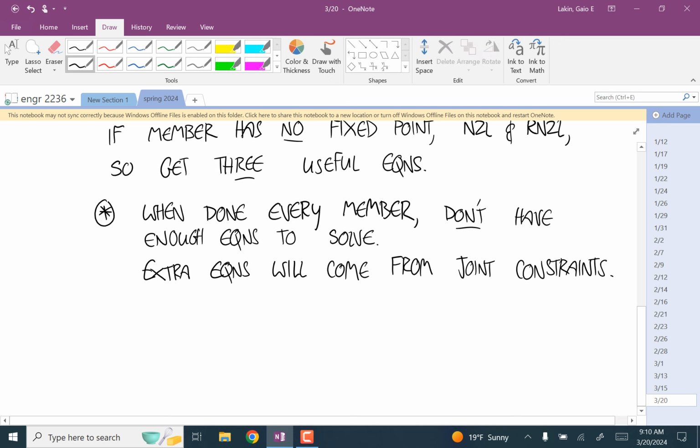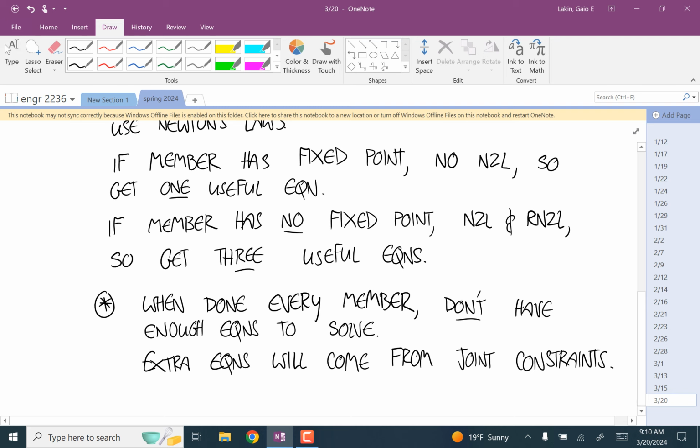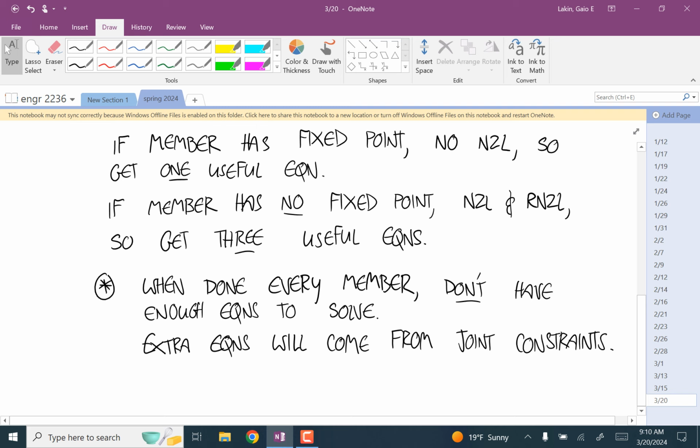Okay, so what do the joint constraints do? Well, once you've done Newton's laws for every body, you have all this stuff that uses the reaction forces and external forces on the body, and you have expressions relating that stuff to accelerations of the center of mass and the angular accelerations.